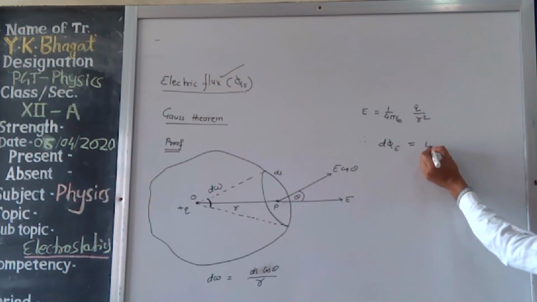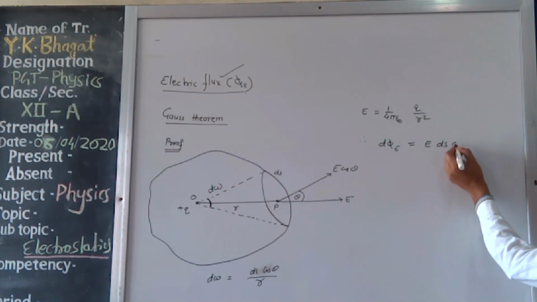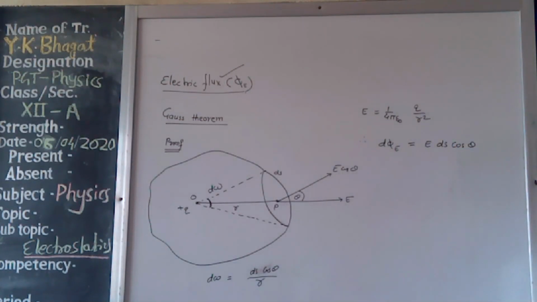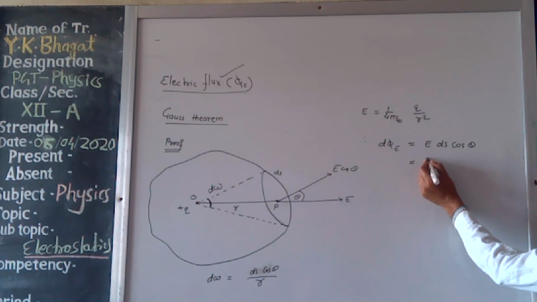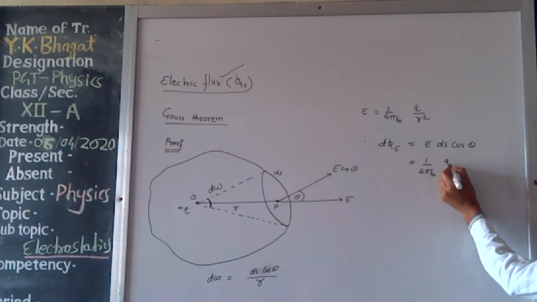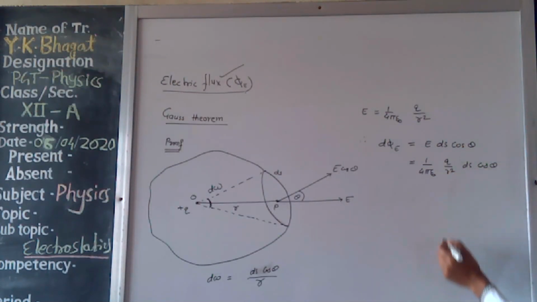Phi equals E ds cos theta. By putting the value of E, 1 upon 4 pi epsilon naught q upon r square ds cos theta.